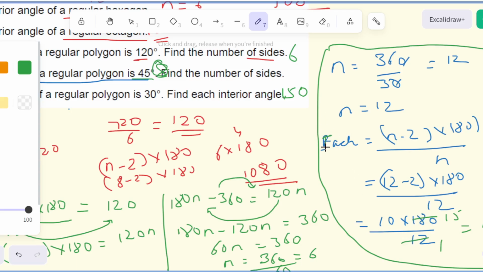Oh, okay. So each angle will be equal to each interior. Yeah, I'm just writing it down.